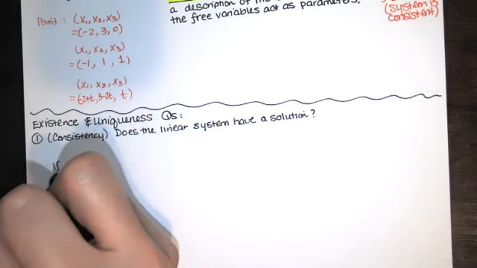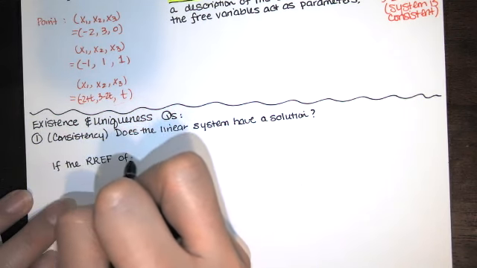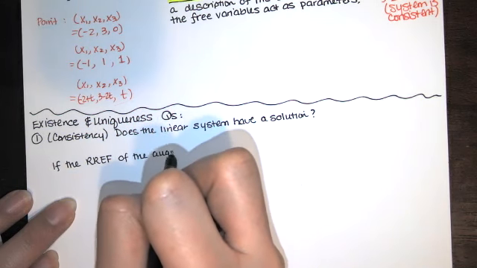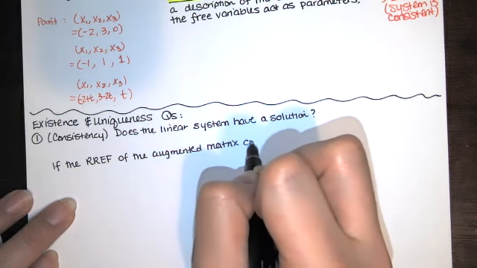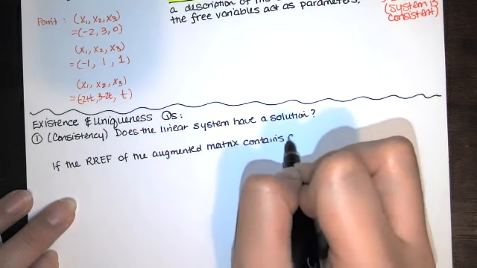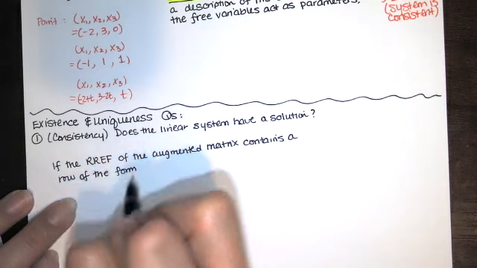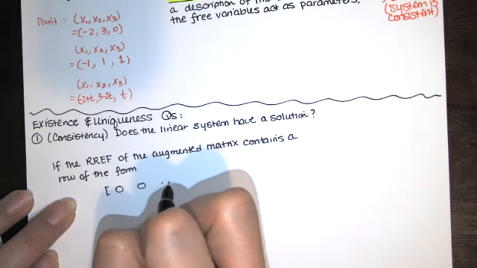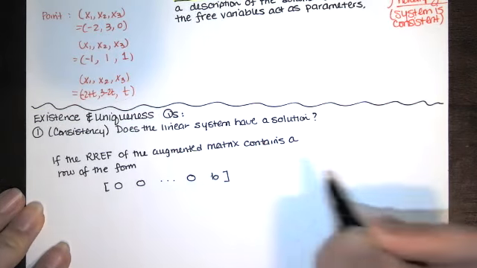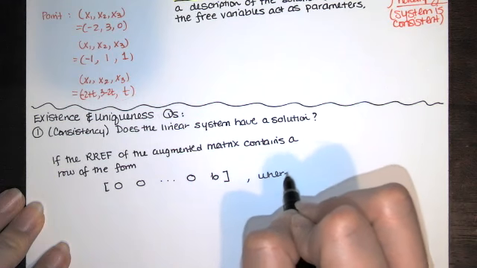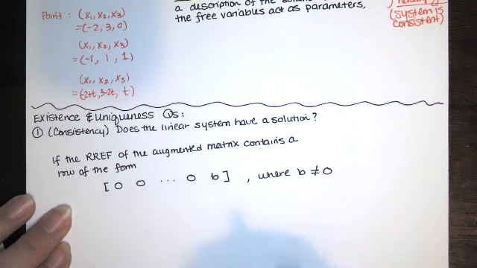Here's the idea. If the reduced row echelon form of the augmented matrix of the system contains a row of this form, which has zeros in all of the columns except for the last one, where that last column gives us a value that's not equal to 0, then the linear system does not have a solution.